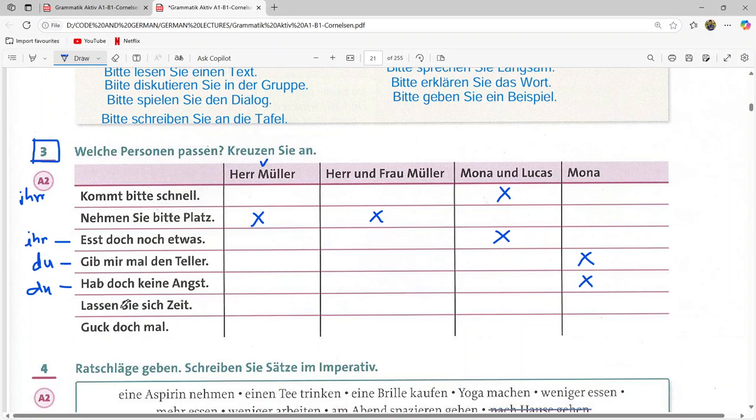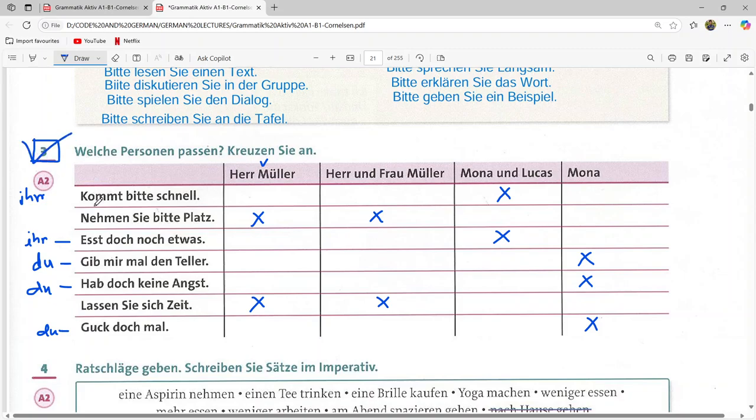Okay, lassen Sie, so it is a formal Sie, so it can be used with Herr Müller, and it can also be used with the plural form, so it can be used with Herr and Frau Müller. Okay, next one, guck doch mal. Okay, so it is also in the du form, so in which case can it be used? In case of Mona. Okay, so in this way all the tasks of this portion are also done.